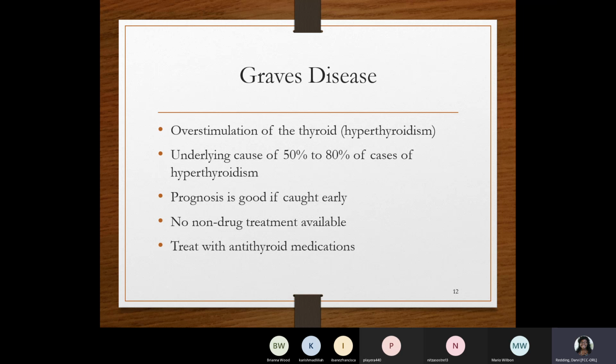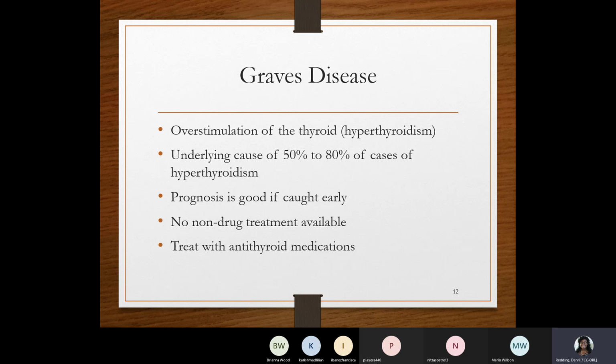And so some of the examples that would help treat Graves' disease would include looking at which particular medications.